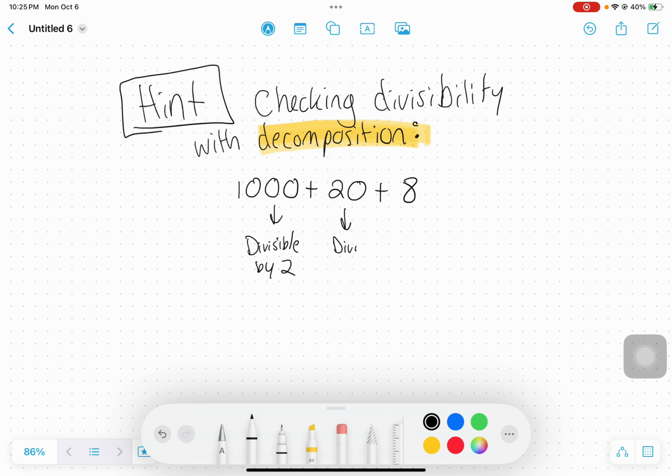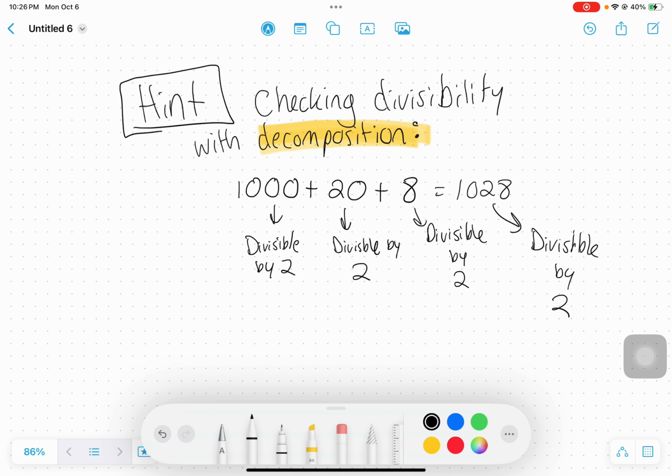This is divisible by 2. This is divisible by 2. Then the whole number is also divisible by 2. This idea comes a lot.